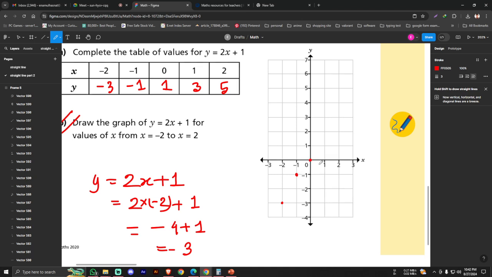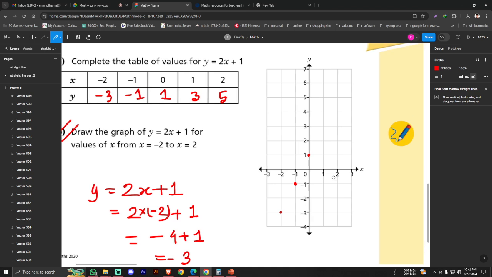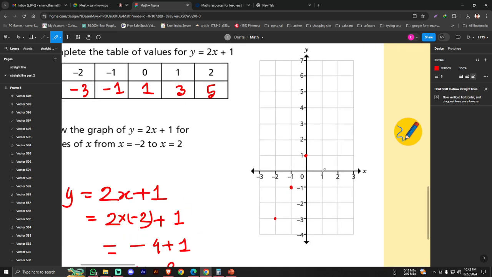Then 1, 3, and 2, 5. Yes. So if we connect them, we'll get a straight line, right? Yes, you have to connect them in a straight line, using a scale. Okay, so here we draw the graph. Okay, next question.